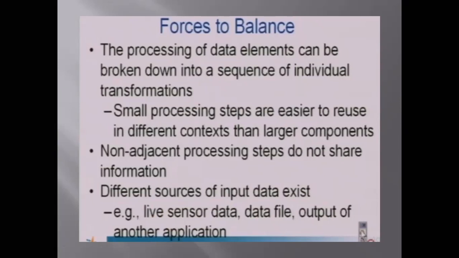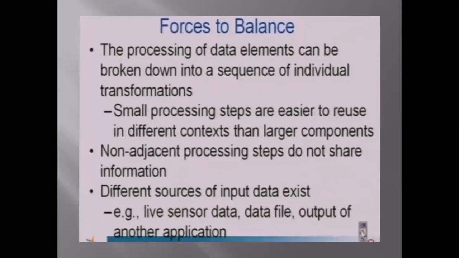Implementing such a system as a single component will not be feasible. If I want to implement it as a monolithic structure, it is not a good idea. So I will break it into different subtasks, decomposing the entire monolithic structure.